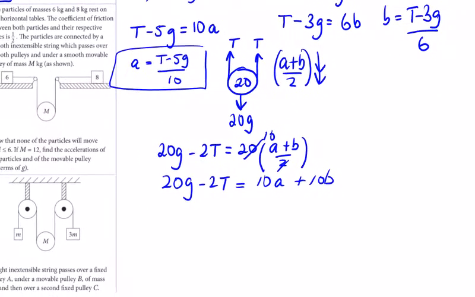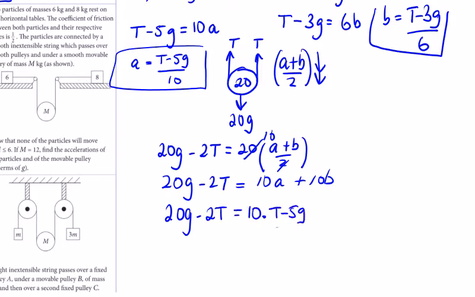So we fill those values in. 20g minus 2T is equal to 10 times (T minus 5g) over 10, see, the 10s will cancel, plus 10 times (T minus 3g) over 6.